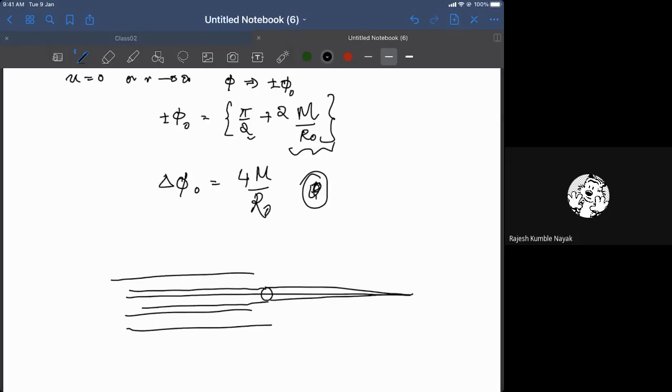That is what corresponds to phi naught is equal to pi by 2 plus 2m by r naught. Otherwise, if the sun is not there, it would have been simply pi by 2, and then it bends, and that is what we have found.